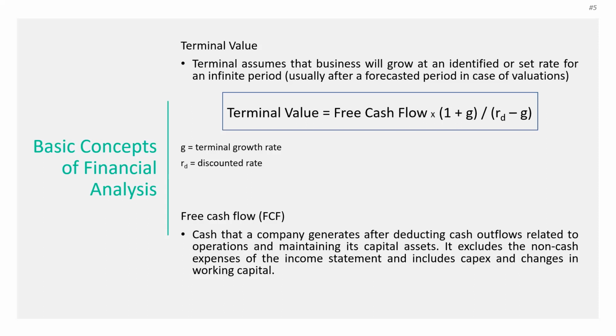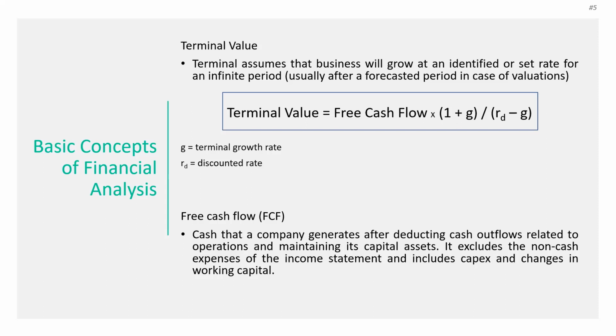Now, as you can see in this terminal value equation, there is a term used which is free cash flow. Free cash flow is a cash that a company generates after deducting its cash flows related to the operating expenses and maintaining its capital assets.